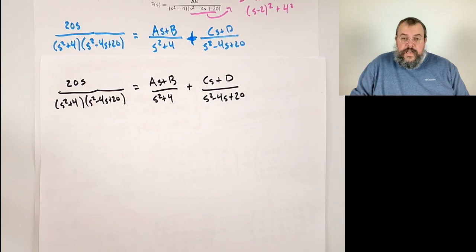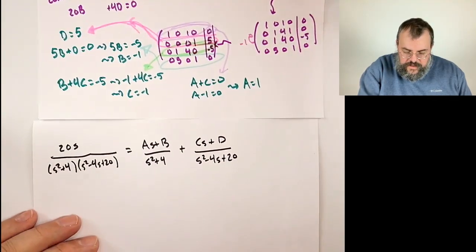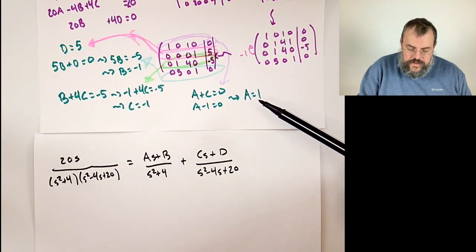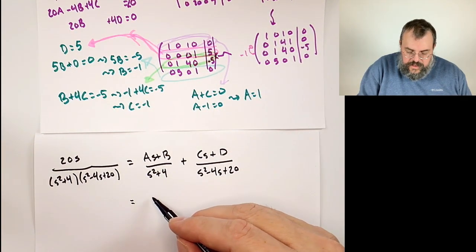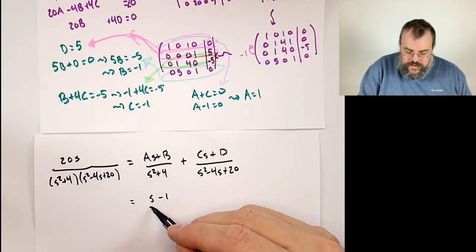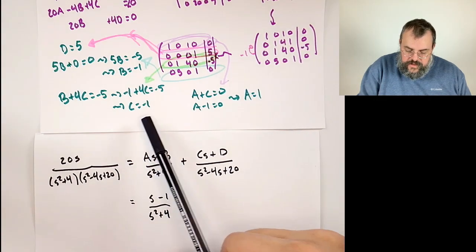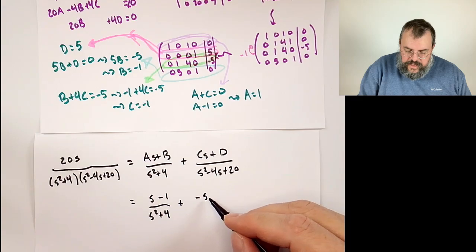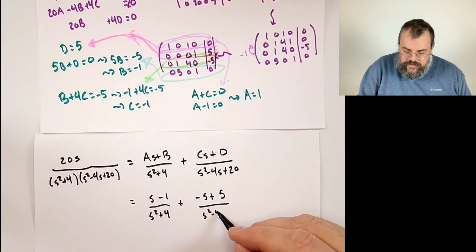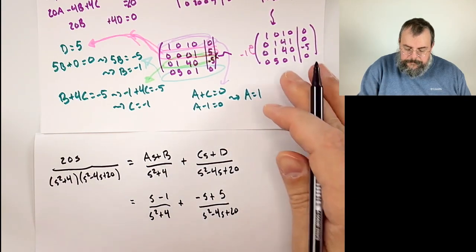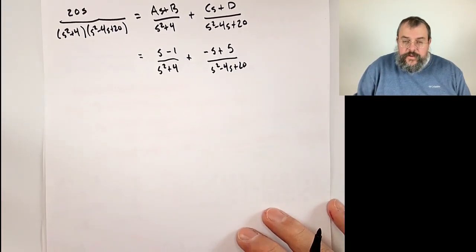And later on, at the bottom here, we figured out our choices for A, B, C, D. So this is equal to s minus 1 over s squared plus 4, and then c would be minus s plus 5 over s squared minus 4s plus 20. Okay, so, all right, let me start there.